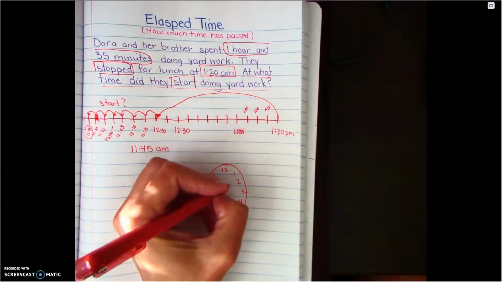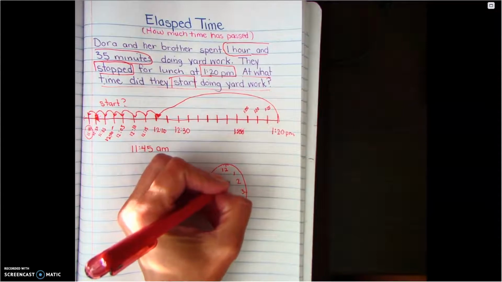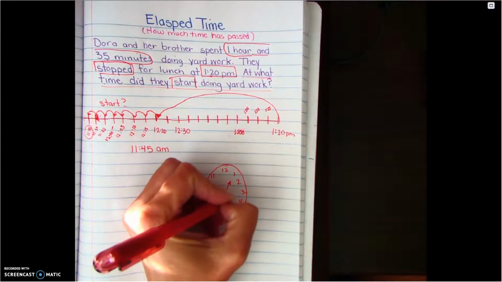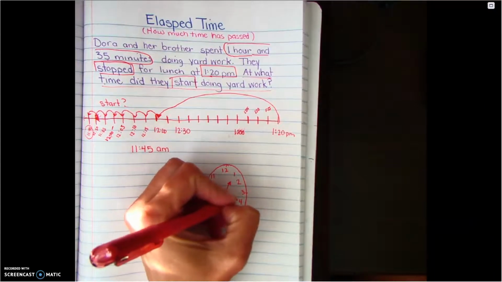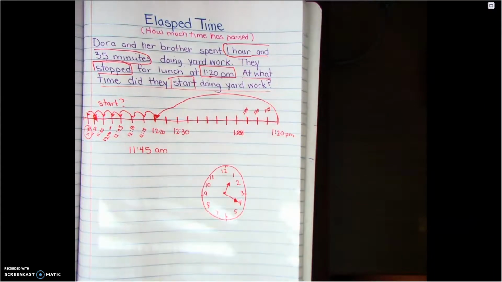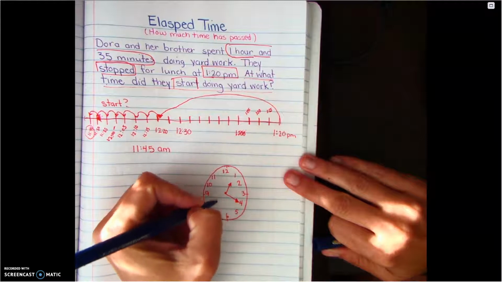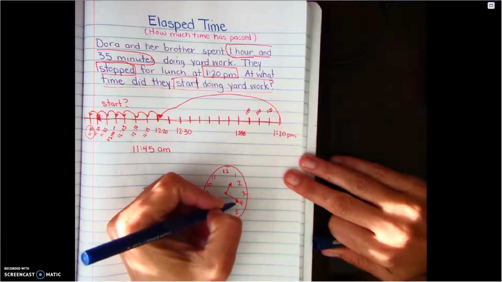So if we did this and we were at 1:20, so how I would do with this one is that I was 1 hour, so I'd go back 1 hour.